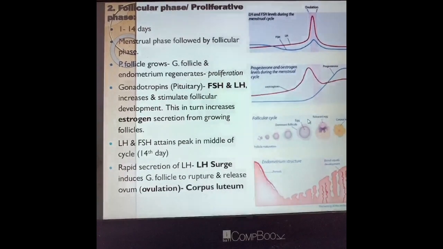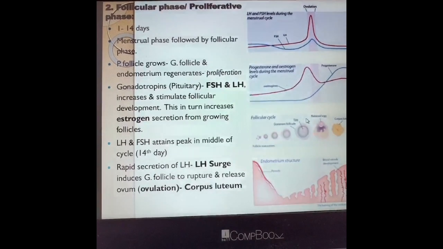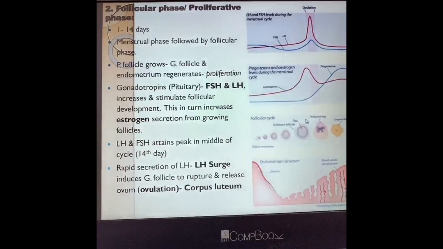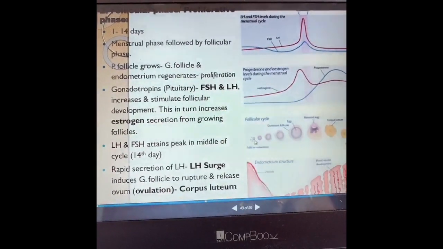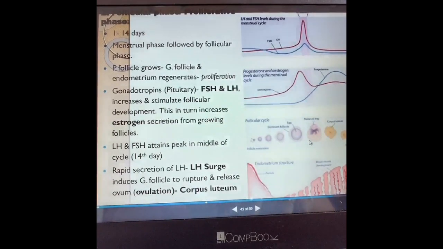Now the pituitary has started secreting FSH and LH, which stimulates follicular development. So with the increase in these two hormones, the follicle starts developing into secondary, tertiary, and then the Graafian follicle.